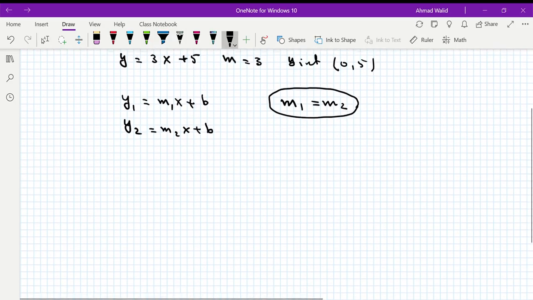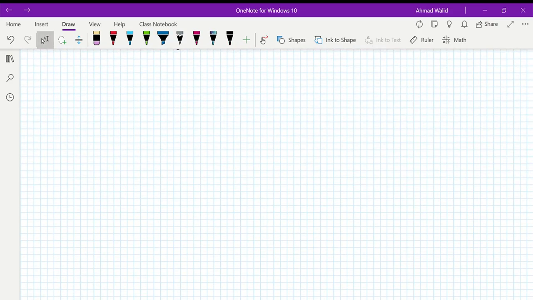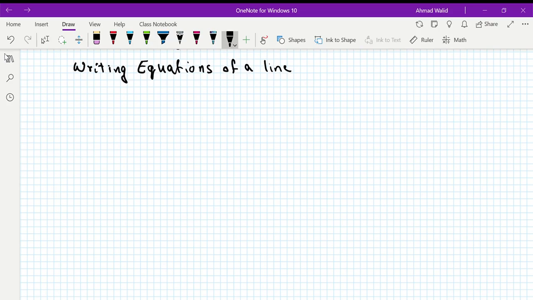Now, using this idea, we go to the next lecture, which is writing equations of a line parallel to a given line.